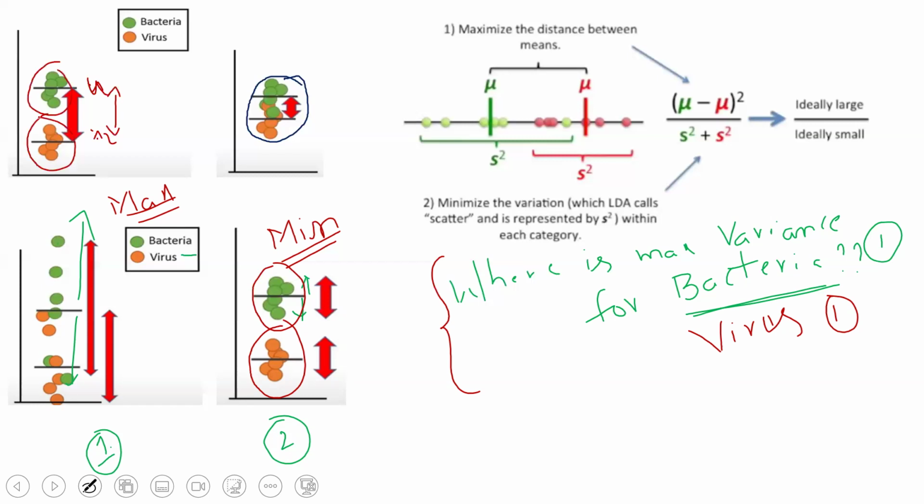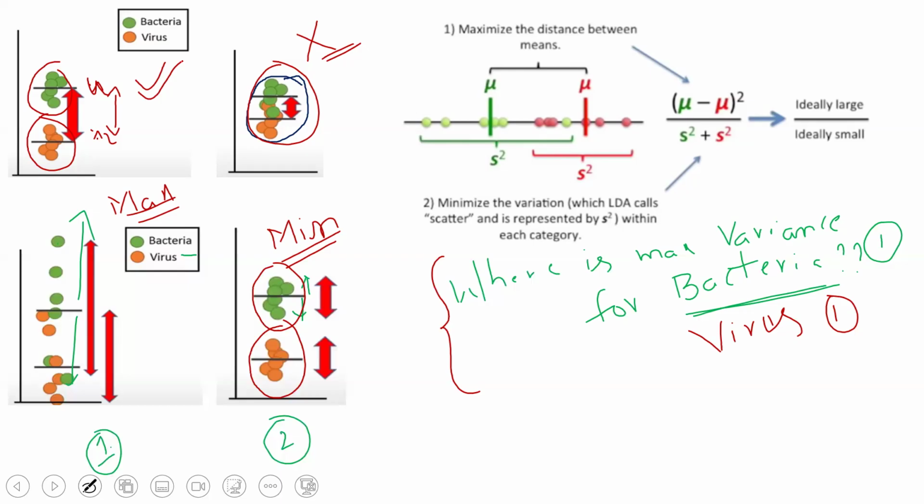When the distance between the means is less, they overlap each other. This is not what LDA is trying to achieve; this is what LDA is trying to achieve. So the first objective of LDA is to maximize the distance between the means of each category.